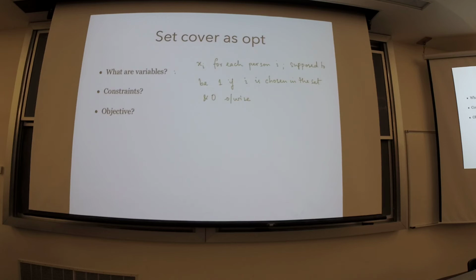So for each skill j, denoting by Sj the set of people who possess skill j, you can now write the sum over i in Sj of xi.